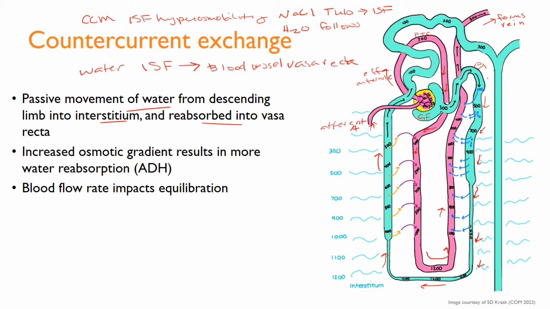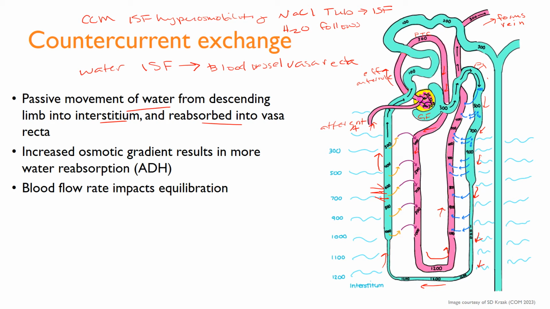And this is the process by which this exchange of fluid occurs, because we just got done talking about countercurrent multiplier, where you have solutes, in this case in the thick ascending limb. So this part right here is the thick ascending limb.